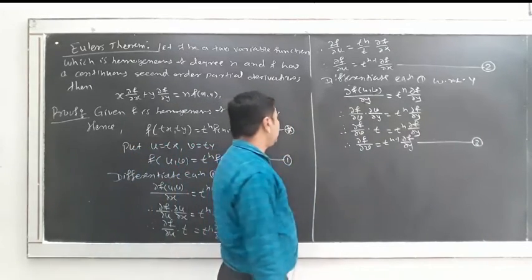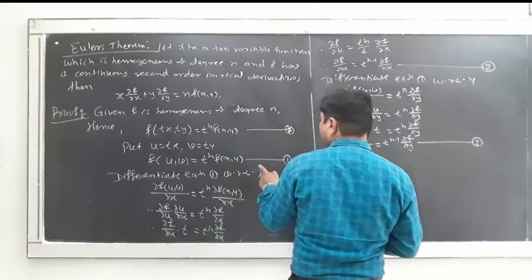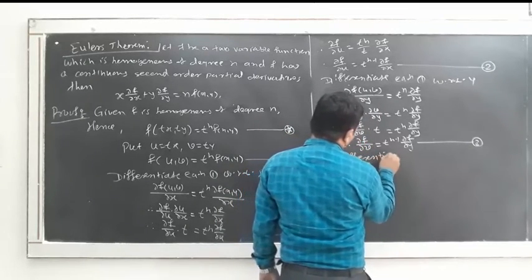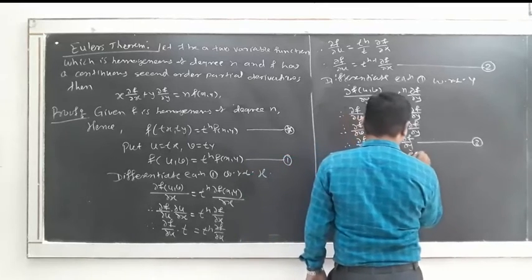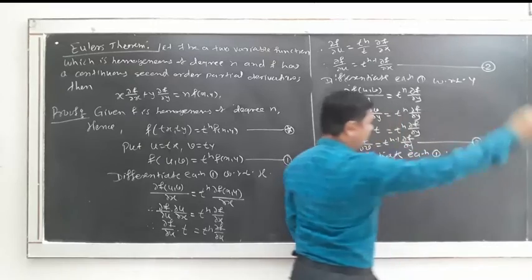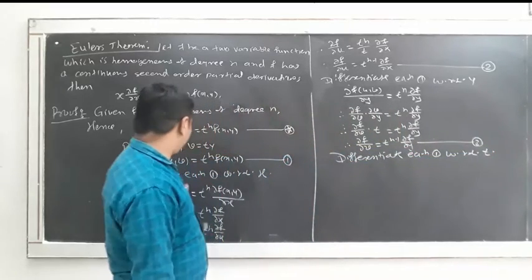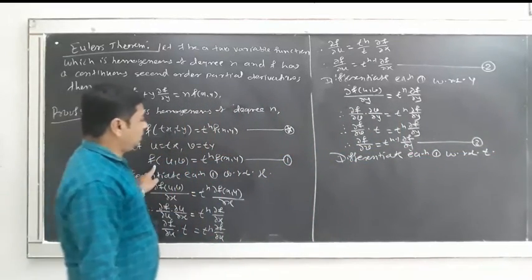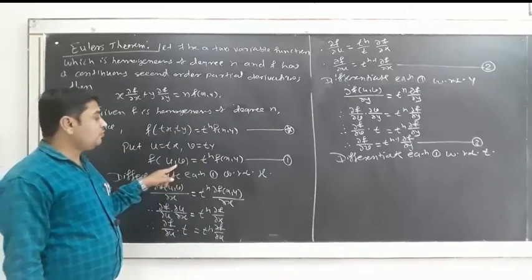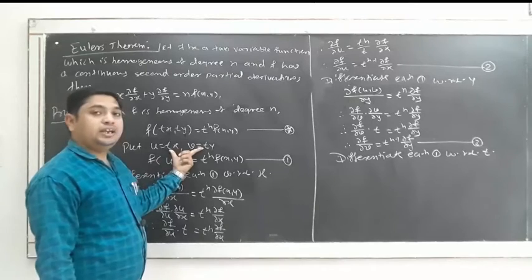Now what is our target? Now we have to differentiate equation 1 with respect to t. Here f is a function of u and v, and u and v are functions of t.